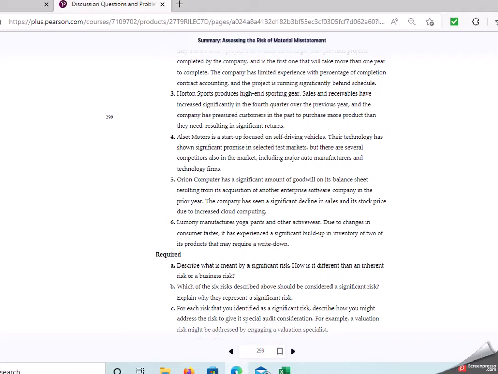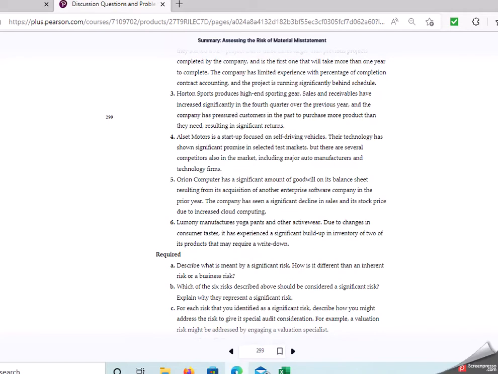So if it's a significant risk, it's going to impact how they plan for that audit and the audit process itself. If it's just an inherent risk, that is just unique to the account that you're talking about. So the susceptibility to having material misstatements. So again, is it cash?